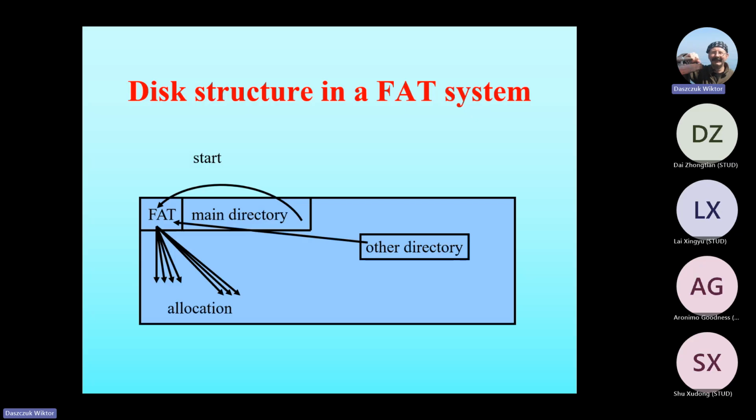So always the head of the list is in the directory entry, and the rest is defined in fact by the chain of references to blocks. The chain is here.